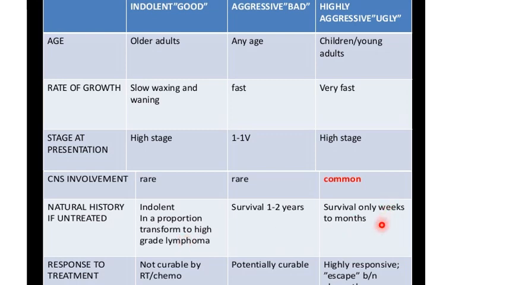But if you do not treat these aggressive lymphomas, the survival is only weeks to months. And the interesting thing about treatment is, although it is slow growing, it is generally not curable by treatment, whereas high grade, although it is aggressive, is highly responsive to treatment. So this is the good thing.